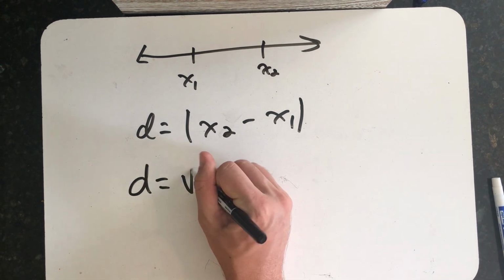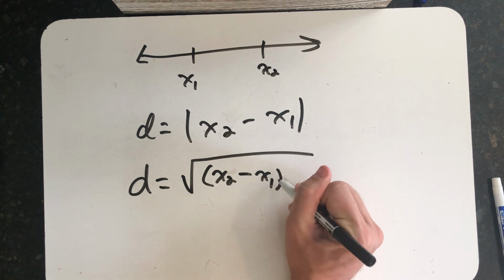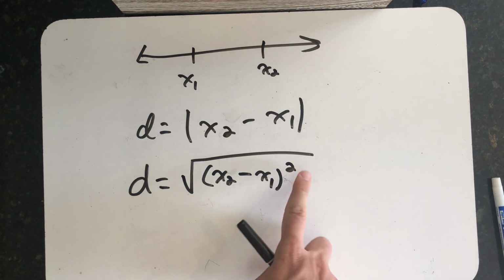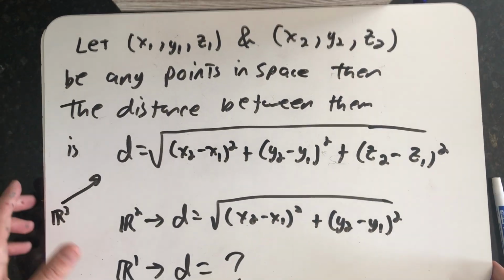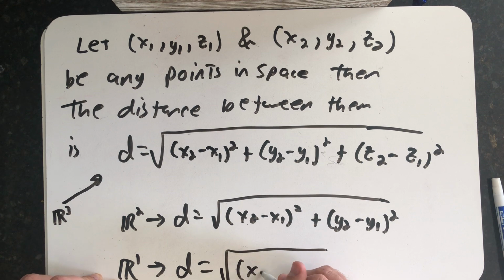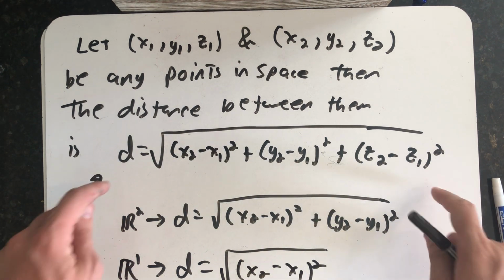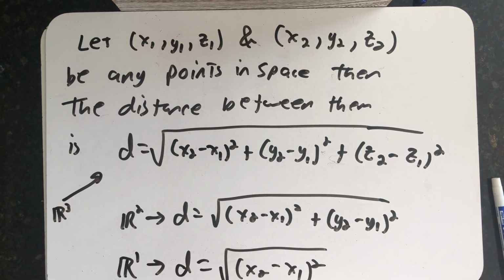And if I just think about it for a minute, that's really the same as taking the difference between x2 and x1, squaring it, and then taking a square root, which fits this general pattern. So really, the idea of distance that we had all the way down to R1 is what really holds true all the way through R3.